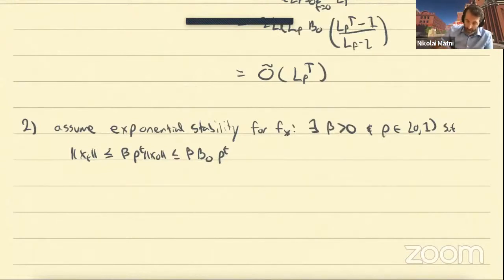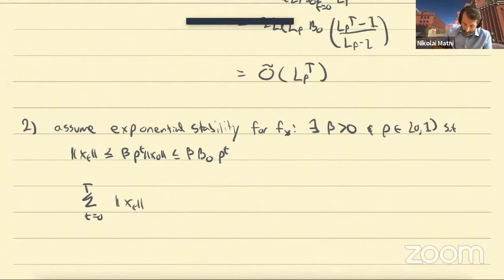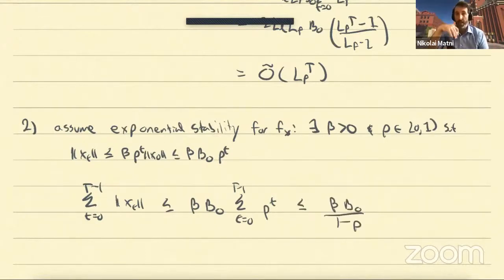So if we look at the sum from t equals 0 to t minus 1 of xt, this is now less than or equal to beta b0 times the sum of rho to the t. And this I can upper bound by beta b0 over 1 minus rho, right? If I just let t go off to infinity, this is a converging geometric sum.